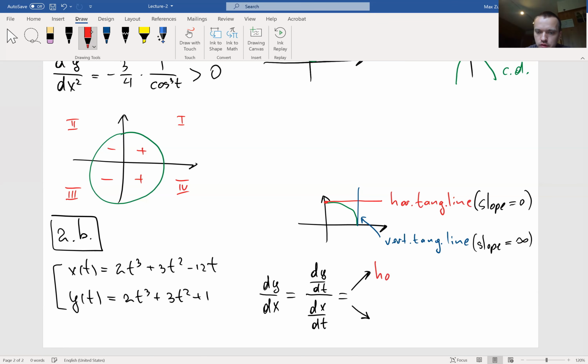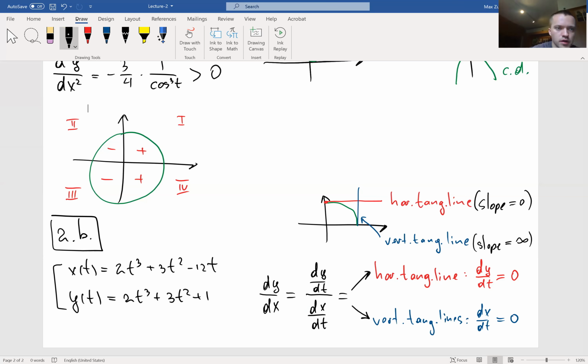So for a horizontal tangent line, we set dy/dt equal to 0 and find those t. And when dx/dt is 0, this expression is going to be undefined. That's why to find vertical tangent lines, we need to set dx/dt equal to 0.